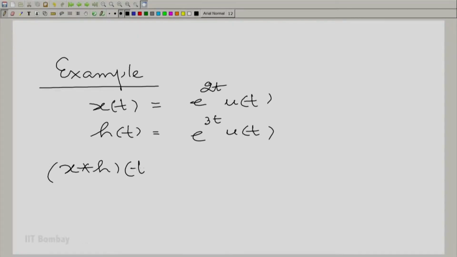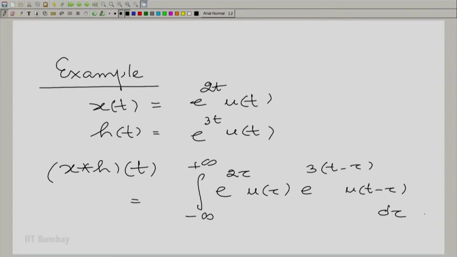Let us consider the convolution of two exponential sequences. So, all this is quite familiar to us. The only thing we need to worry about is what happens to limits when you take this product, and this product will allow the limits to go only for tau greater than or equal to 0 and t minus tau greater than or equal to 0.